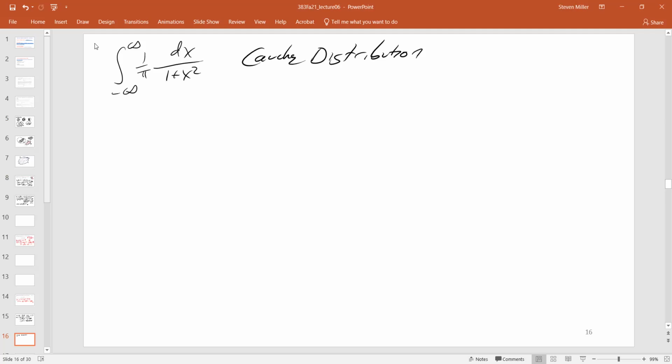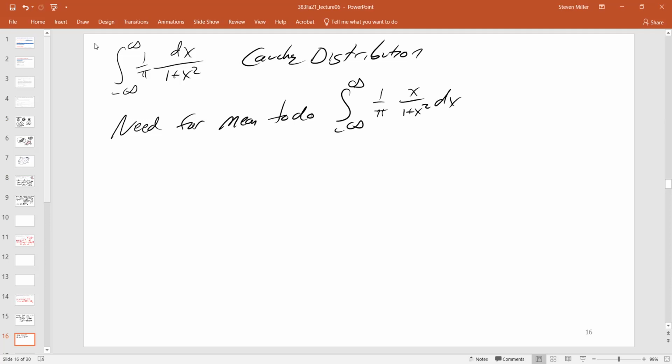Now, if you want to try to calculate the mean from probability, you would need to do the integral from minus infinity to infinity of 1 over pi, x over 1 plus x squared dx.